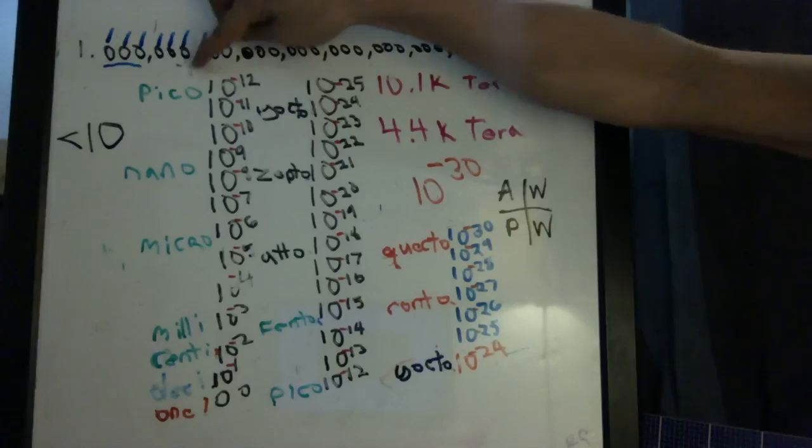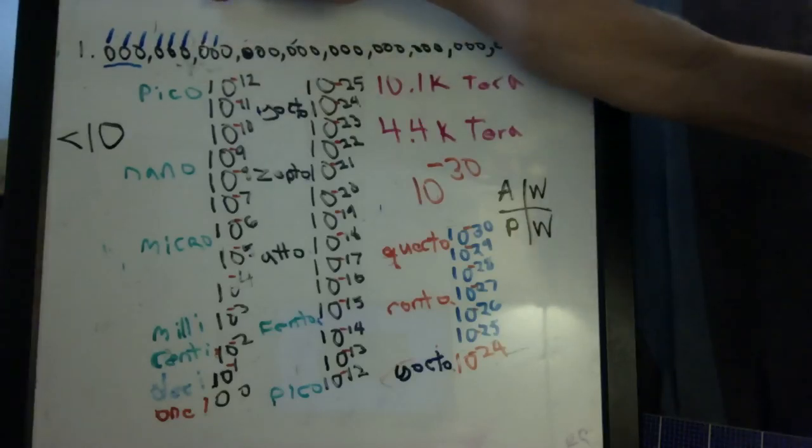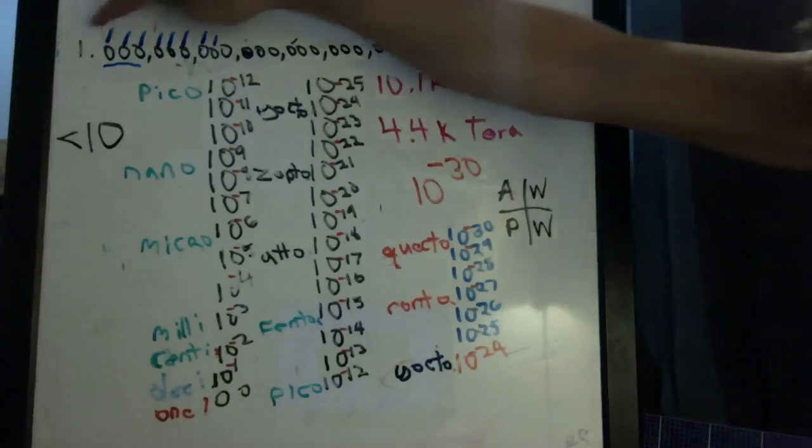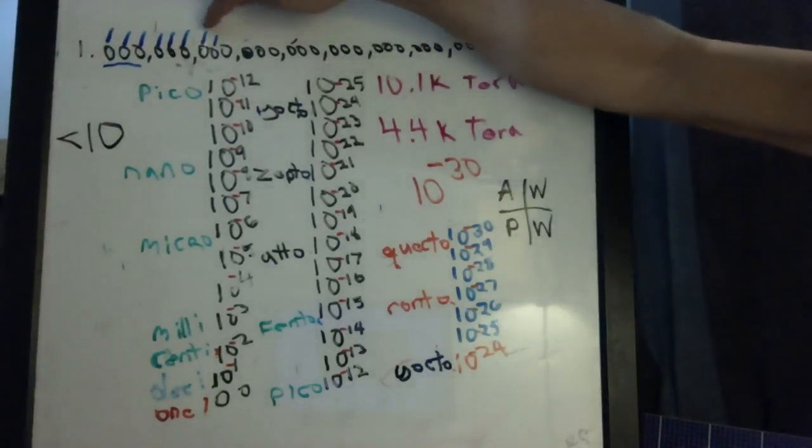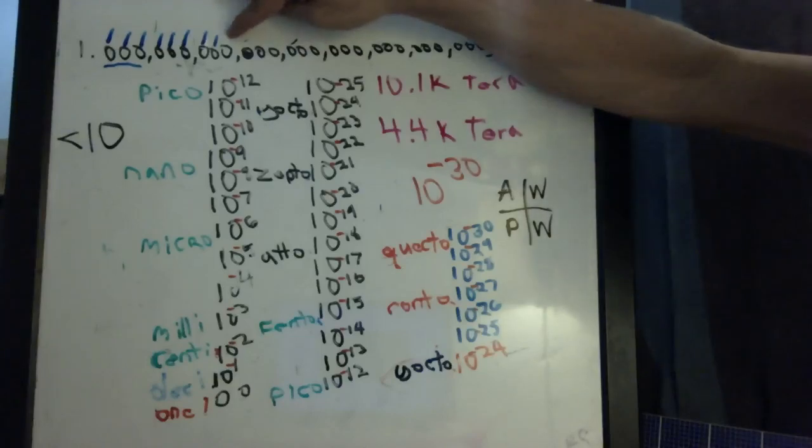What happens each time? Right, so let's see here. 1, 2, 3, 4, 5, 6, 7, 8, 9. The 10th place out.